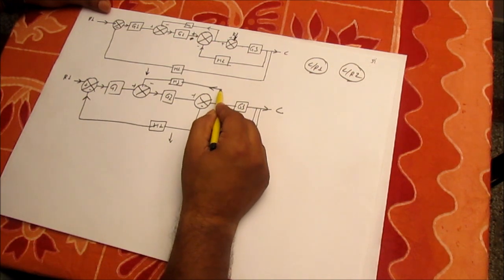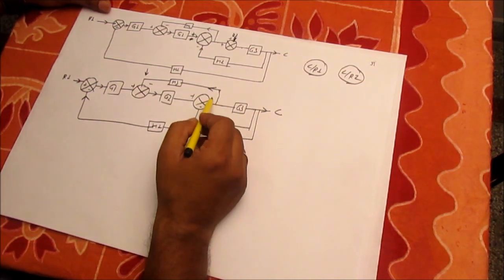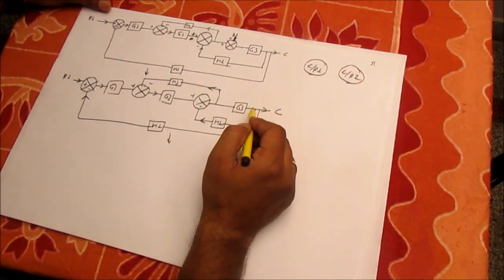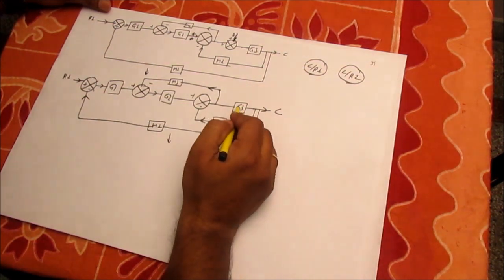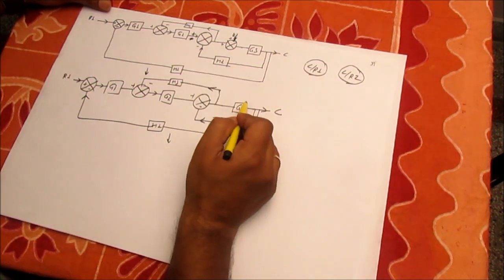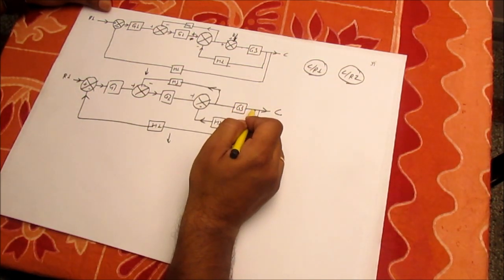if we have to move this takeoff point ahead of the G3 block, then we have to divide its value by G3. Right now it is not getting multiplied by G3, and if I place this position before this G3, then it will get multiplied by G3.